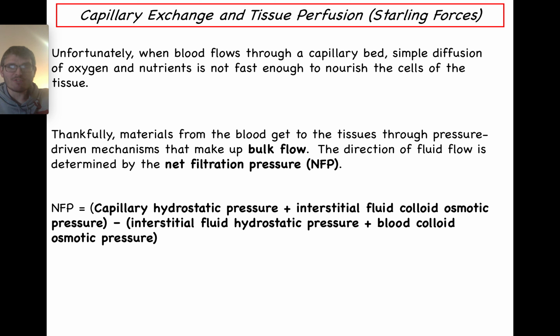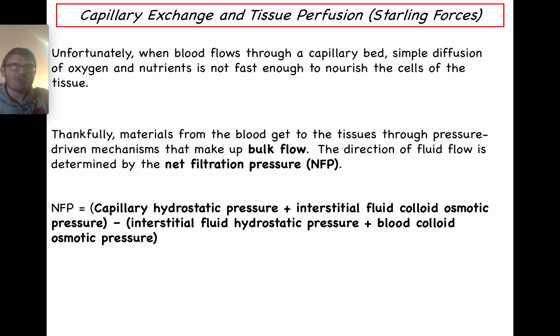The interstitial fluid colloid osmotic pressure, which is the osmotic pressure out in the interstitial fluid, that is basically drawing water into the interstitial fluid from the capillary, minus the interstitial fluid hydrostatic pressure, so the pressure of the fluid in the interstitial fluid, plus the blood colloid osmotic pressure, which is the osmotic pressure absorbing water by osmosis from the interstitial fluid. So it's a mess. This equation is a big, gigantic mess.